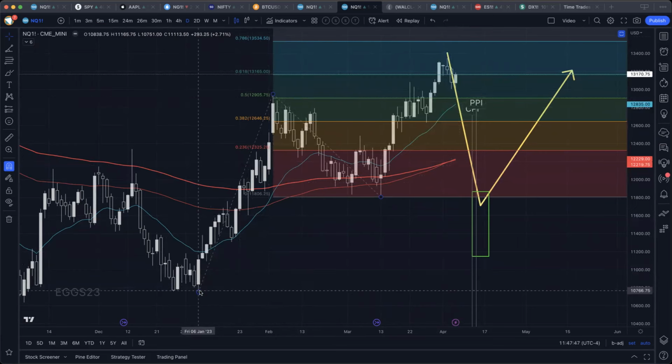If you take this first leg from 10,766 up to 12,951, take 618 of that price range and start it from about 11,800, you get 13,165, and that's about where we peaked this past week.